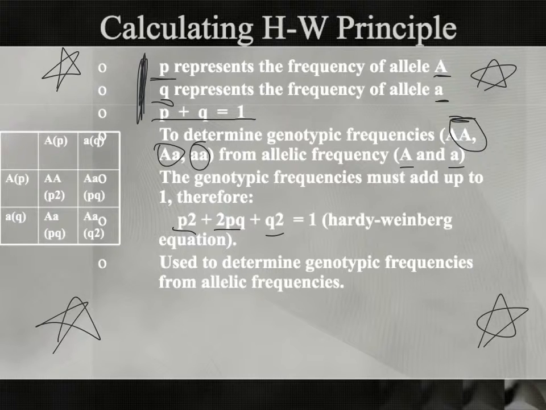And this is the Hardy-Weinberg equation. It's used to determine genotypic frequencies from allelic frequencies. So a couple important things to find. If you have p, you could find p squared. You could also find q, which could help you find q squared. And if you have p and q, you could also find 2pq right there. So it's all related together.